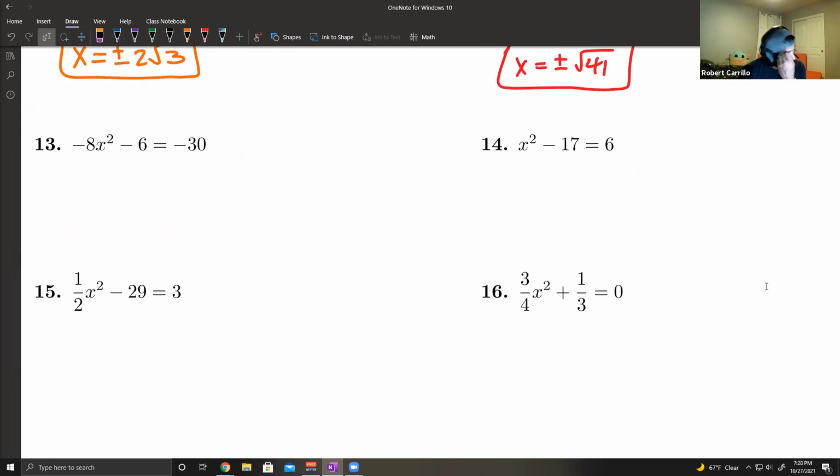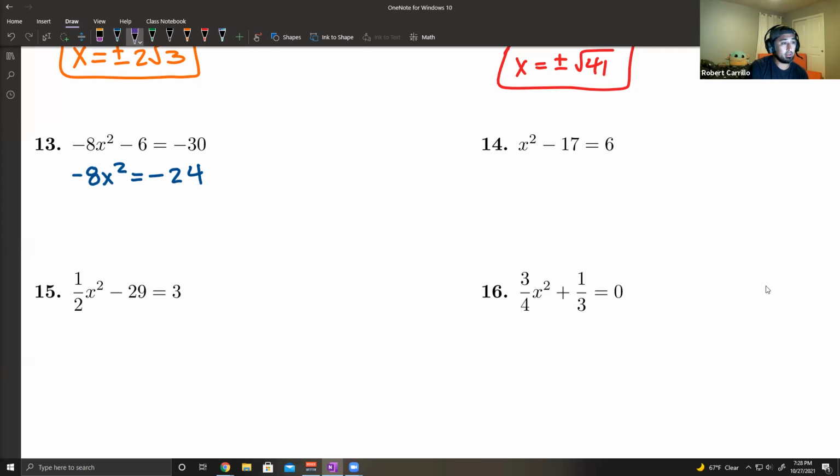Good. 13, negative 8x squared minus 6x equal to negative 30. First thing, add that 6 over, and you get negative 8x squared. If you add 6 to that, is that negative 24?